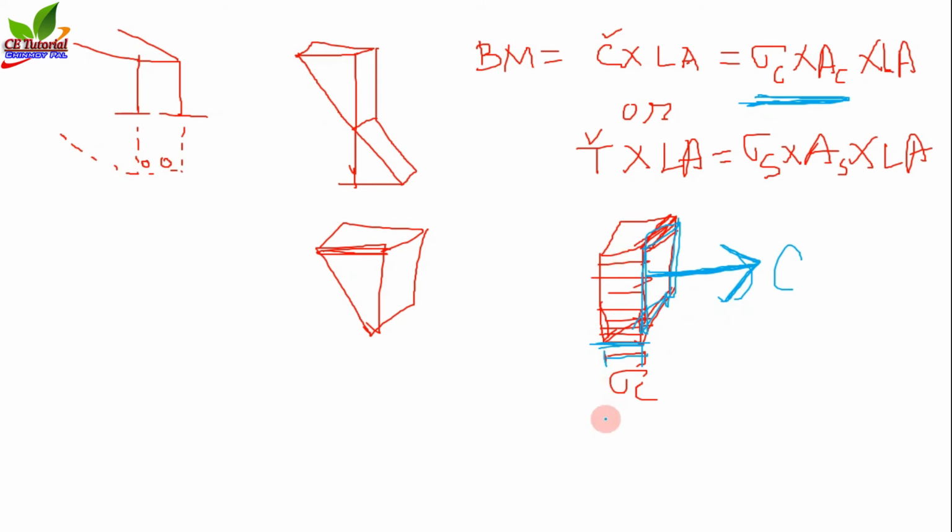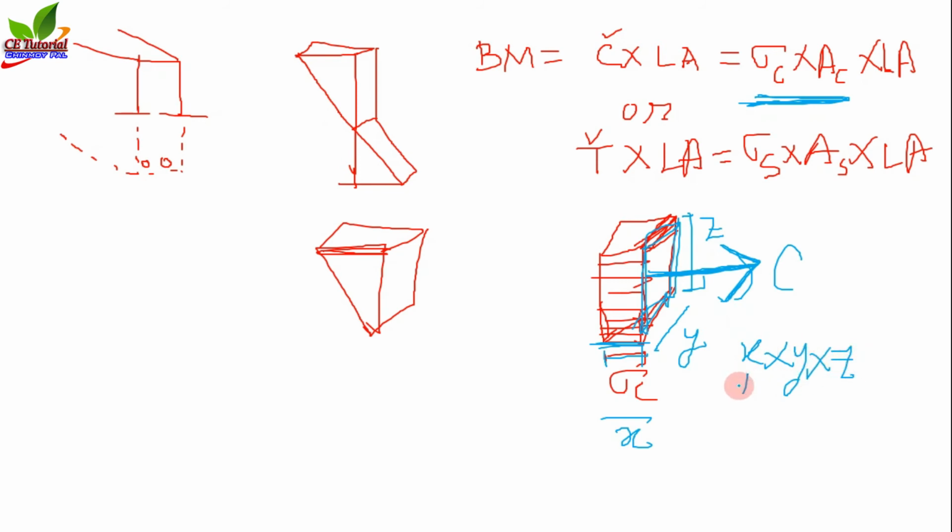So in this block, suppose this is X, this is Y, and this is Z. Suppose the height of this block is Z, the length is Y, and the width is X. If I ask for the total volume of this block, I can multiply X by Y by Z, nothing else.